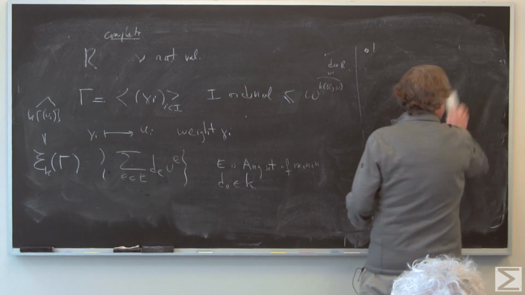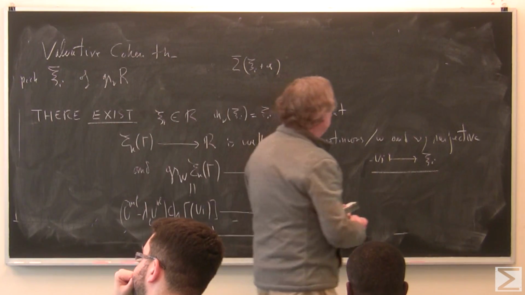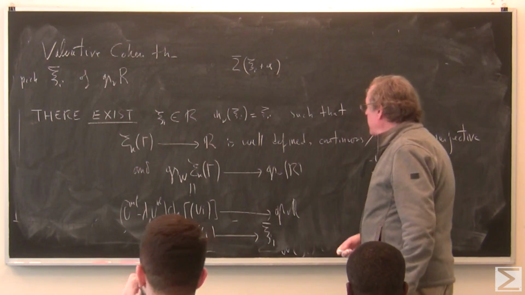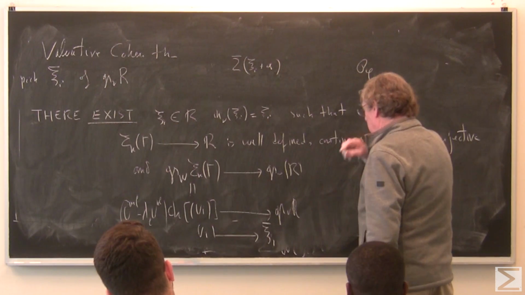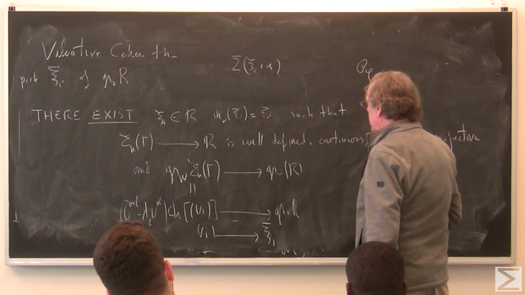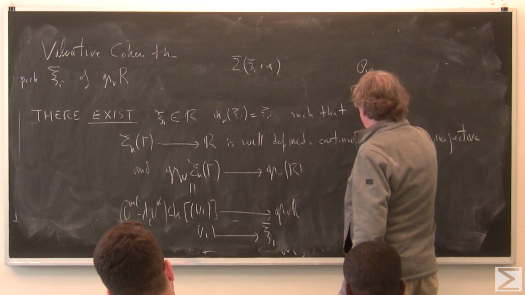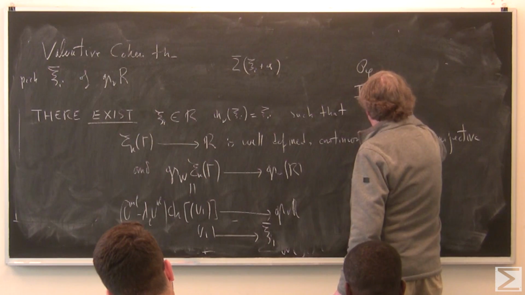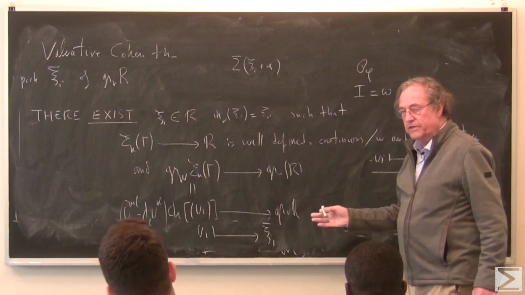In rank 1, the result is a rather easy consequence of the theorem of Chevalley, because the ring is Noetherian. In the case of rank 1, I is equal to omega. I always has to be the set of integers.